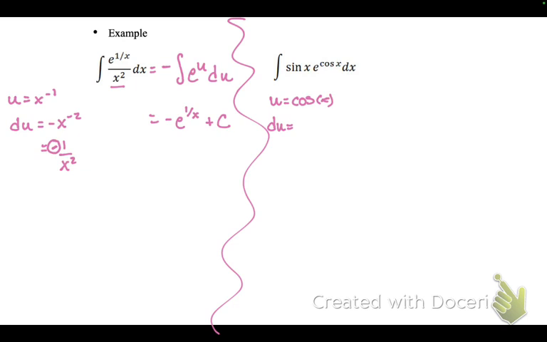It's negative sine. Good job. So we got everything but the what accounted for? The negative. So negative e to the u du, so negative e to the cosine of x plus c.